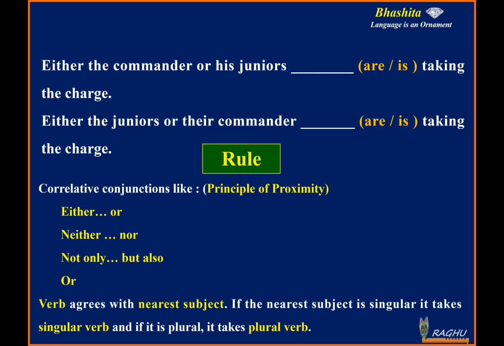If the nearest subject is singular, it will take singular verb form. So in the first sentence, juniors is plural, so it will take plural verb form "are". But in the second sentence, commander is a singular noun, it will take singular verb. So hope you understand the rule of principle of proximity.